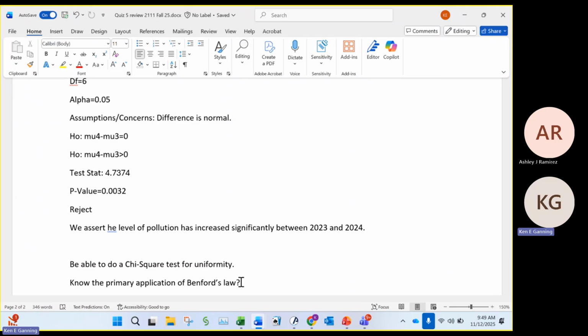If it passes, it's not a guarantee it's not, but it certainly shifts you in one way or the other. It's certainly a flag. If you have a ton of data sets that you want to go through to see if there's any that might be made up, it's a nice filtering system. And you focus more on ones that fail Benford's law and then start doing further investigation, because you don't have time to investigate all of them.